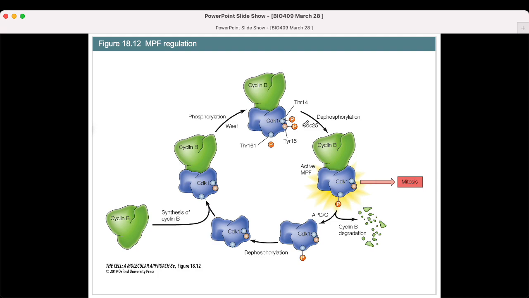You can see over here that this is an activating phosphate, and it gets removed here as part of the story in G1 regulation. But we're particularly interested in these phosphates over here, the inhibitory phosphates, and somebody has to remove them.